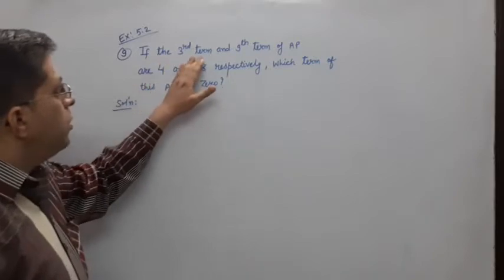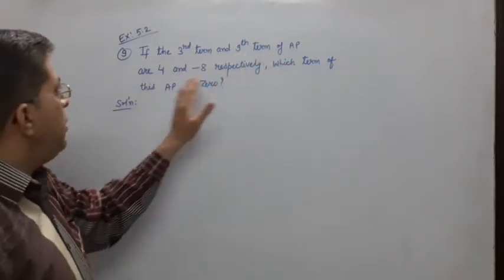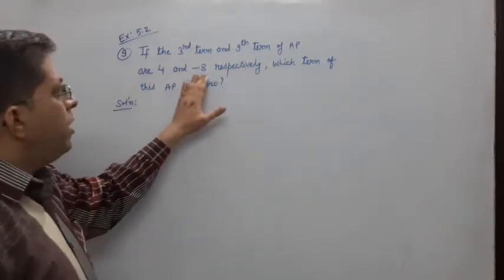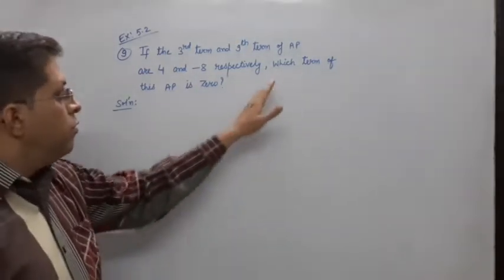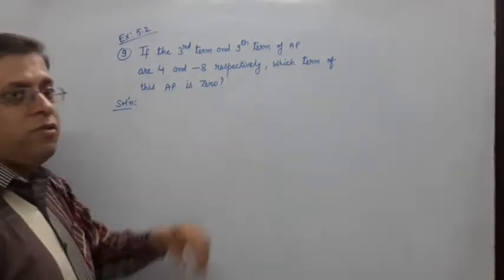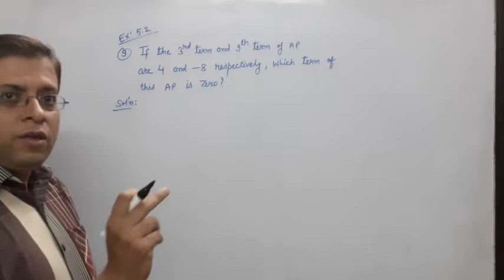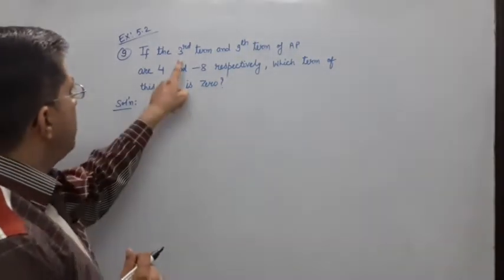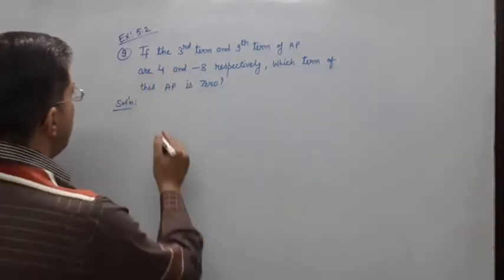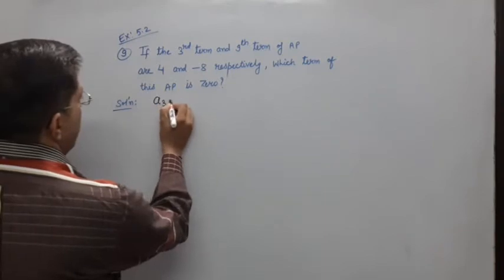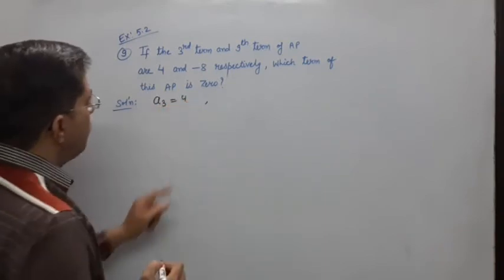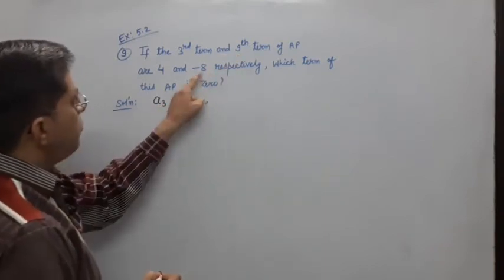If the third term and ninth term of an AP are 4 and minus 8 respectively, which term of this AP is 0? First of all, see what is given in the question. Third term is 4, so you can write A3 is equal to 4. Ninth term is minus 8.